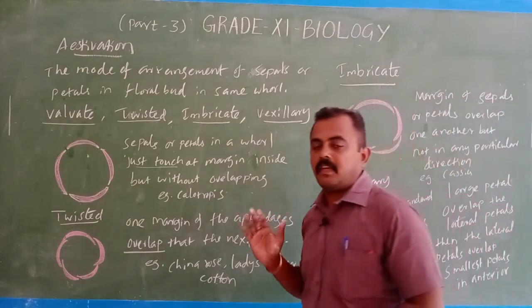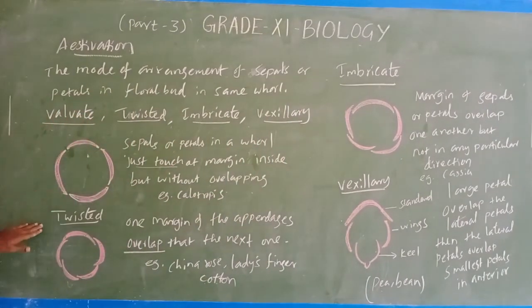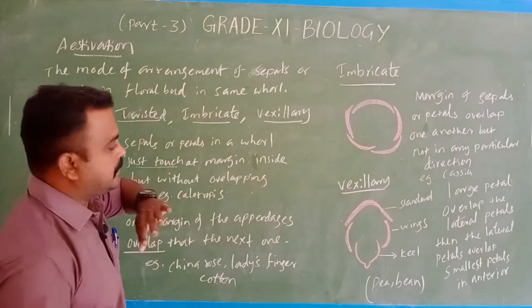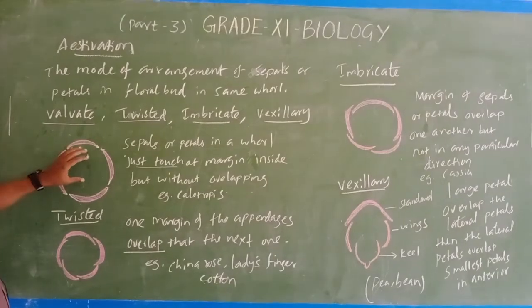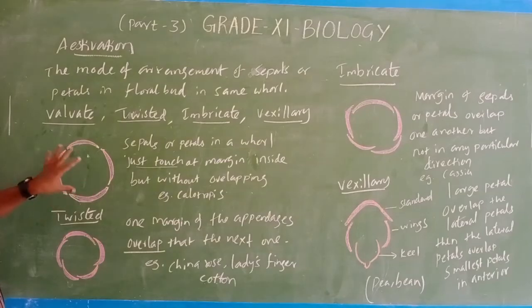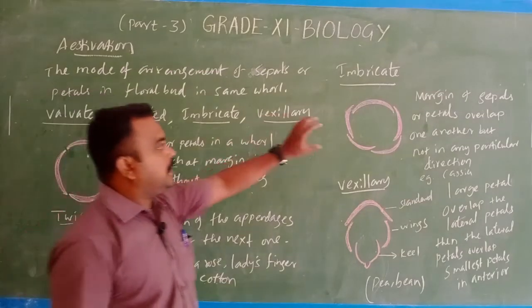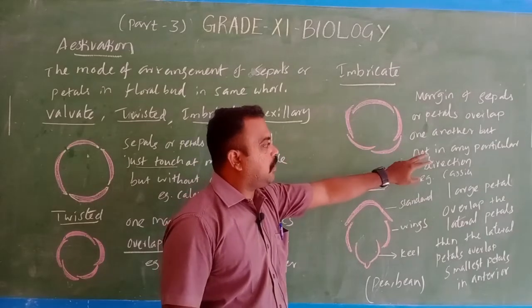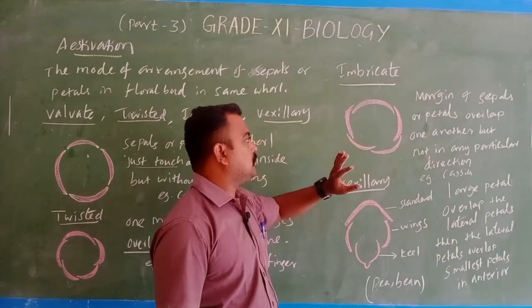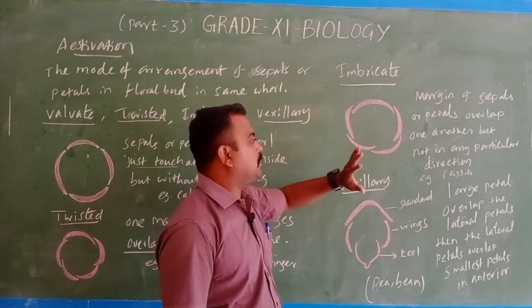So we have four aestivations: valvate, twisted, imbricate, vexillary. Valvate is where the margins touch inside but not outside, and they are not overlapping. Example: calotropis. In twisted, it is overlapped, but not in any particular direction; here and there it is overlapped, not in a correct sequence.